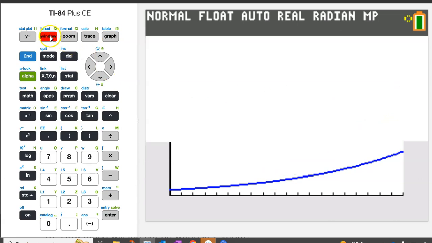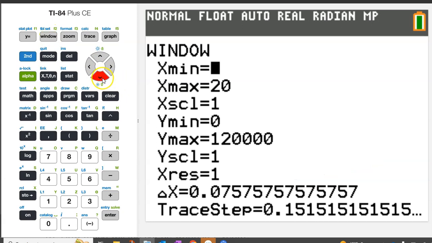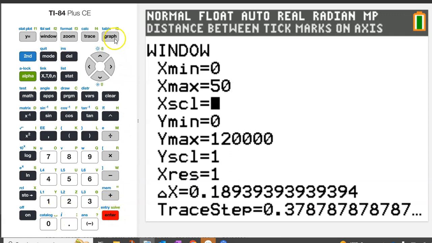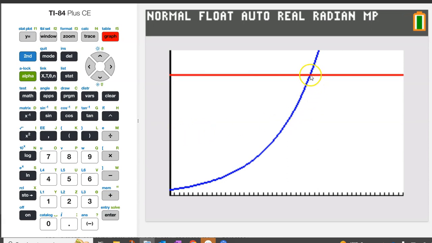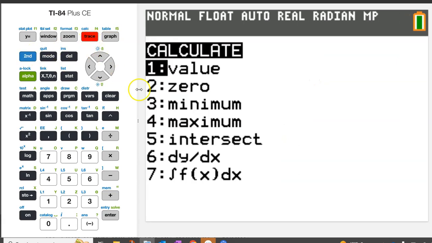So let's go ahead and hit that window button and let's let X max be 50. And hit graph. Okay, now we can see the intersection point. Hit second trace and choose option 5 for intersect.